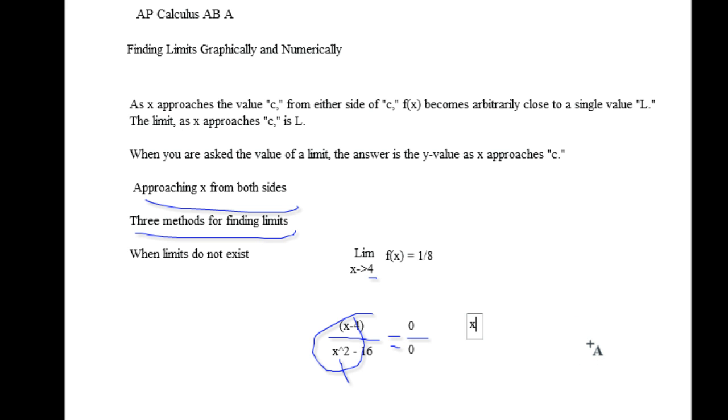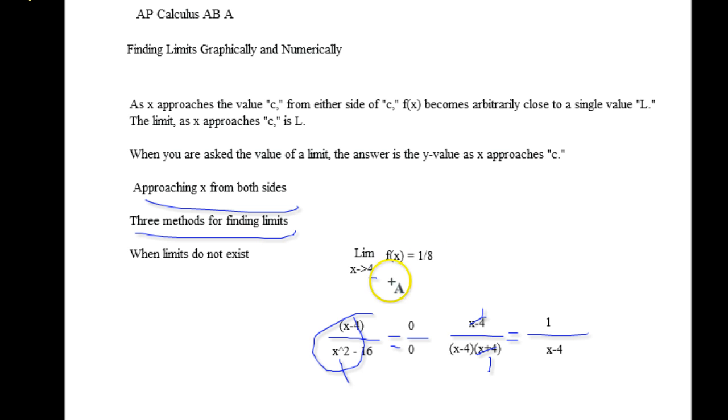Okay, so we have an x minus 4 on top. Now if we work on the bottom, we're going to have an x minus 4 and an x plus 4 on the bottom. These two are going to simplify into 1s, and what I have left is 1 on top and x plus 4 on the bottom.